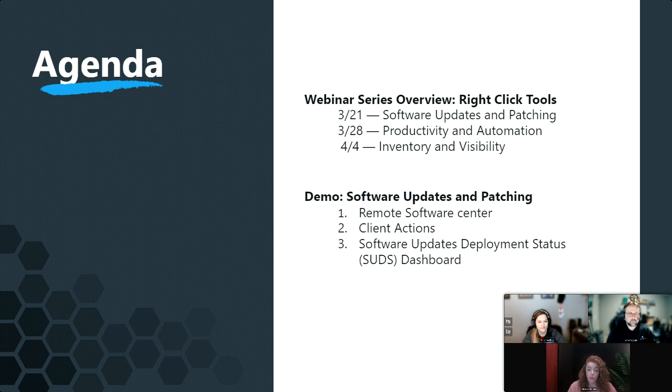And then the following week will be all about inventory and visibility. So today, for software updates and patching, we're going to focus on 3 main things: Remote Software Center, client actions, and software updates deployment status, or SUDS dashboard.